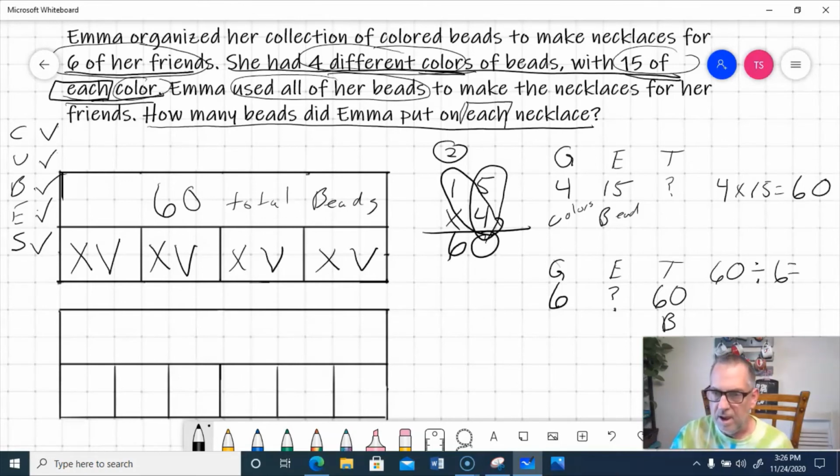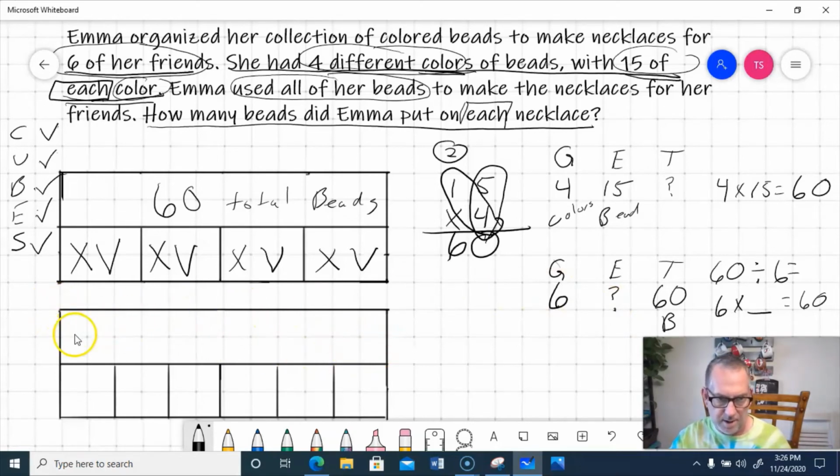I could use an equation: there's 6 groups times how many in each group equals 60. If we know our multiplication facts really well, we might know that.